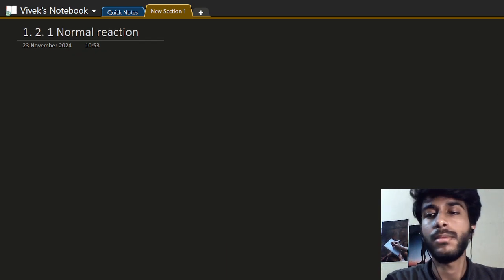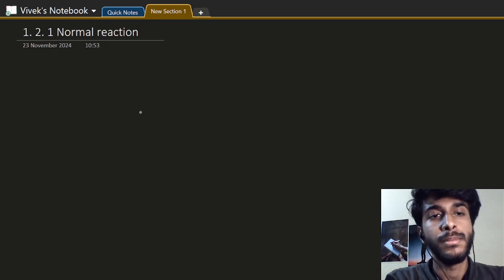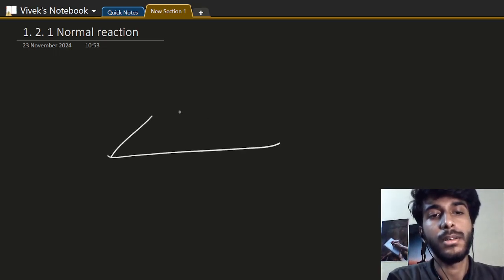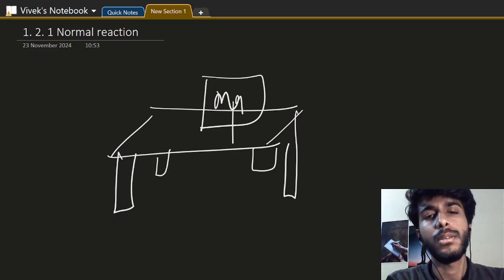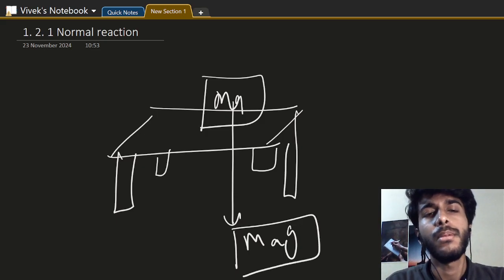Normal reaction: we have already discussed what normal reaction is. Let us take another example. There is a table, and mass Ma is kept on it. So Earth will apply force Ma into g in a downward direction. But why doesn't it fall to the ground?